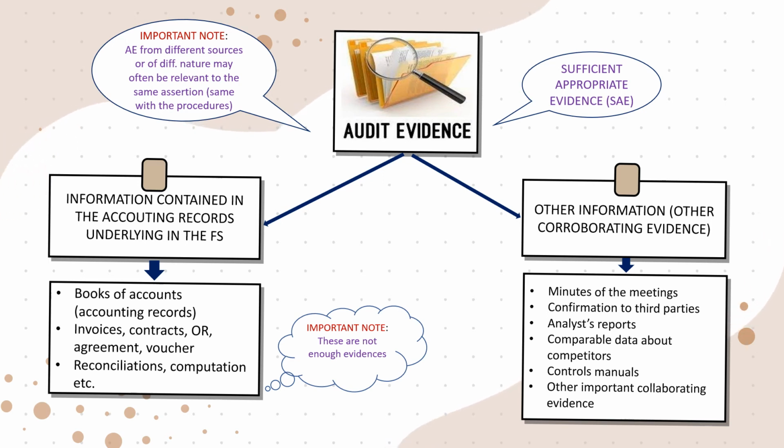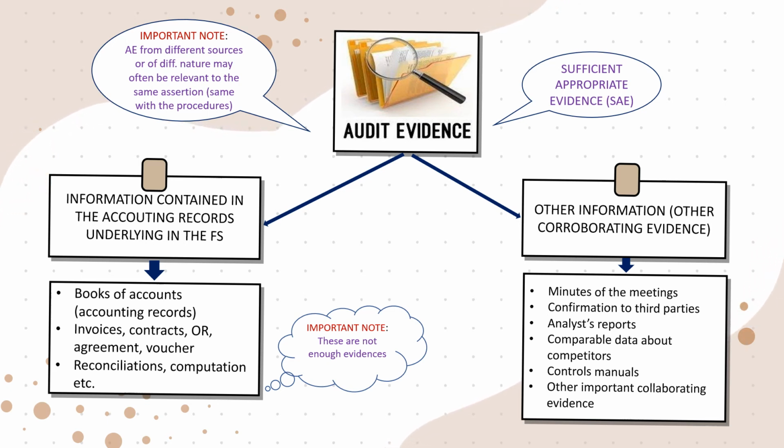So if nandoon siya sa internal control, nandoon din yung possibility na pwede to ma-alter either yung records itself or yung mga supporting documents. So that is why hindi enough yung mga accounting records. Ito lang yung magiging evidence when you are auditing.